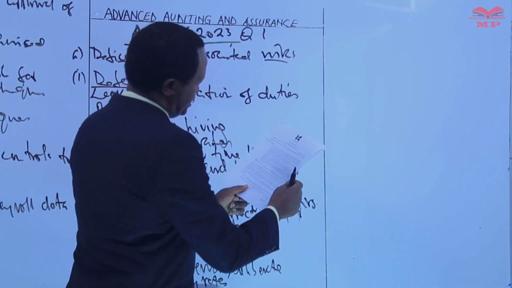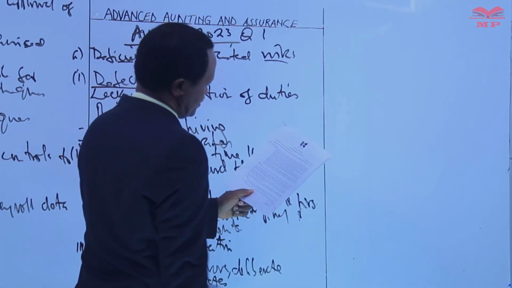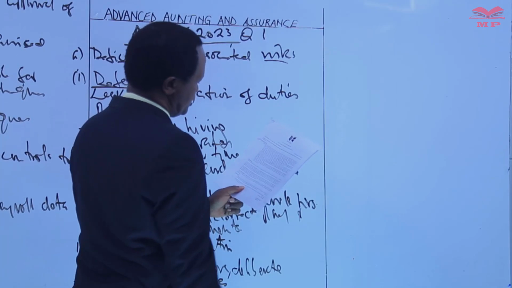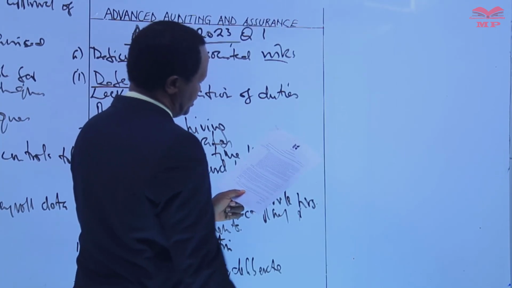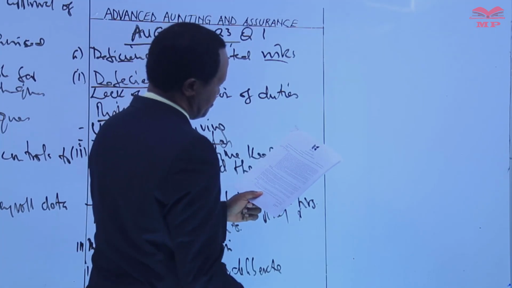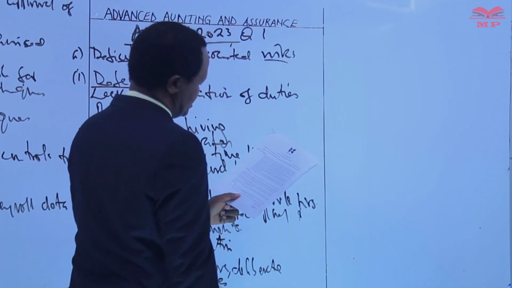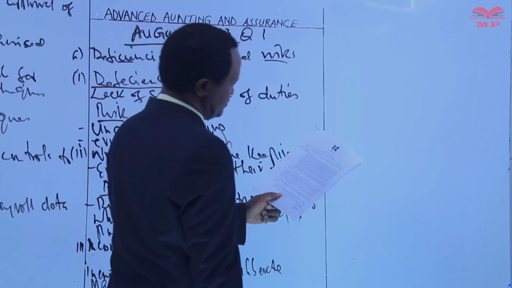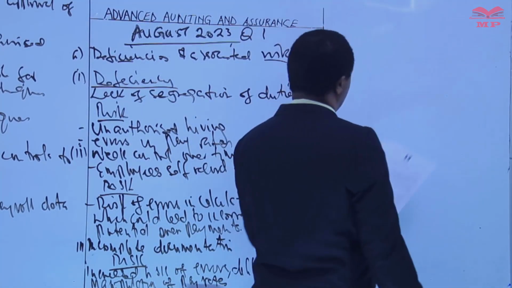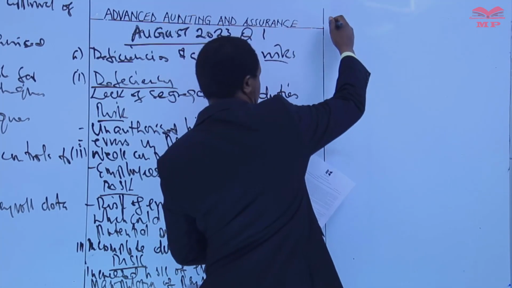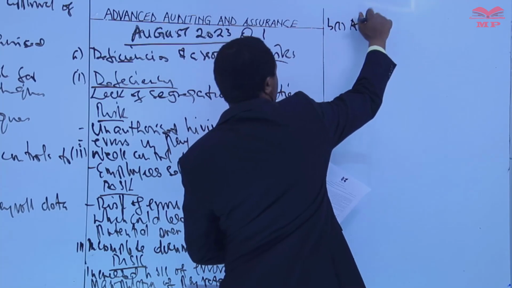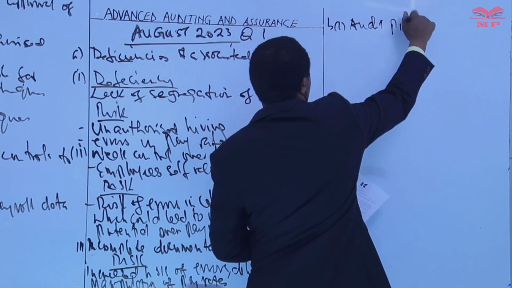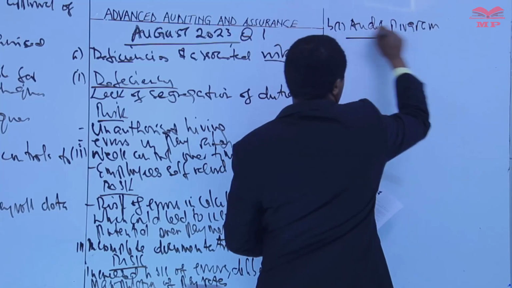So prepare a detailed audit program, and these are just 5 marks. Indicate the audit procedures you would use to satisfy yourself of the accuracy of the cash at bank balance. These are just audit procedures, an audit program to satisfy yourself.